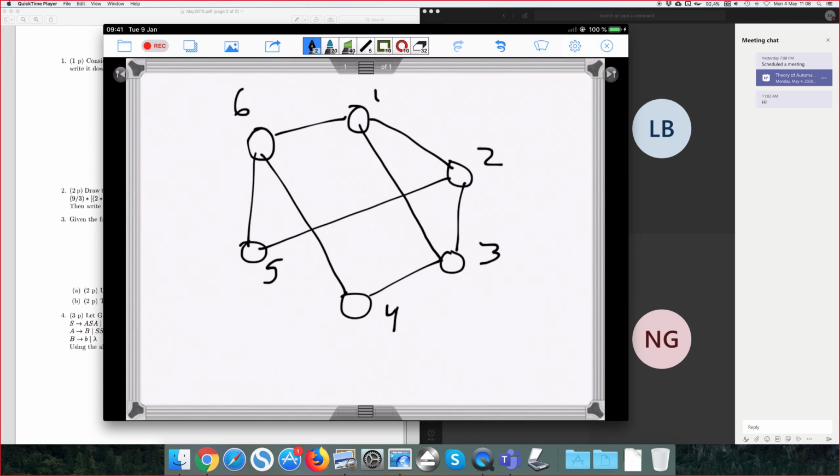Or it is very easy to show that there is a Hamiltonian path or circuit in this case, or it is very easy to show that there is no such a path, or such a circuit in this case.